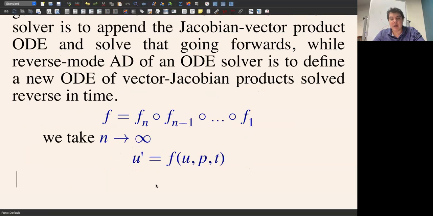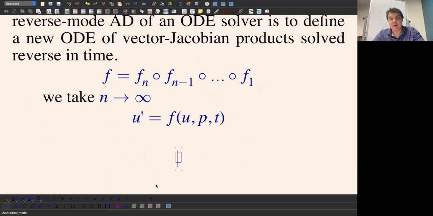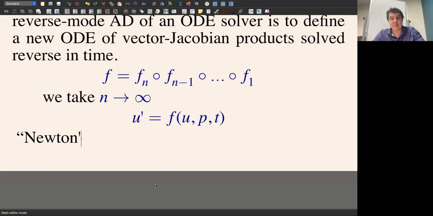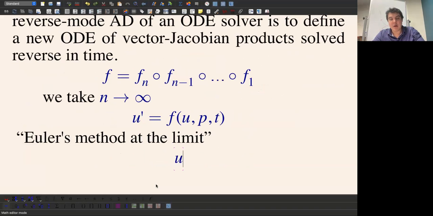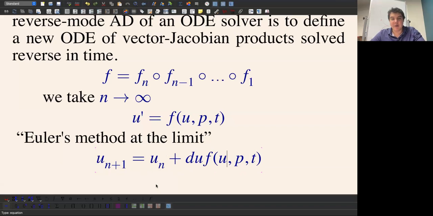What we have is infinitely many applications of f, right? So if we go to something like Newton's method or Euler's method, at the limit, what you basically have is u_{n+1} equals u_n plus dt times f of u, p, t, right?